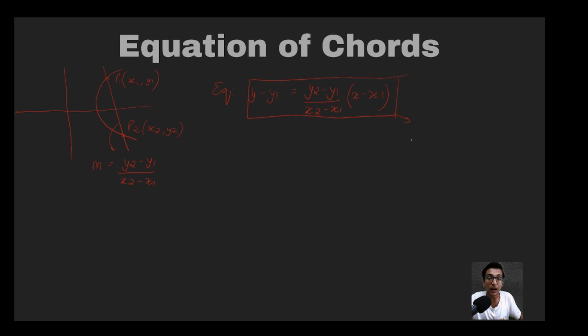Now, what are the other things about this chord that we can make out? First, we know that point P1 and point P2 both lie on the parabola. So if I try to eliminate at least two variables from this equation, which is, let's say, x2 and y2, because I have 4 variables currently in this equation.